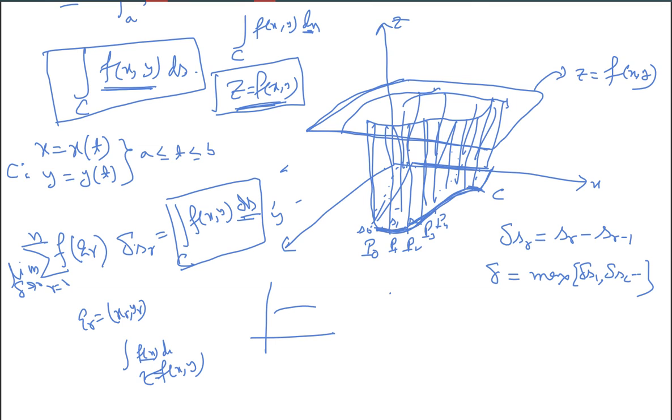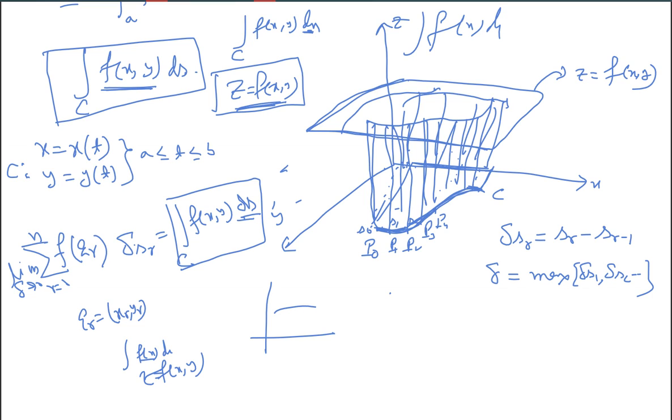Simply if I write the integration of f of x dx, in that case f of x will be some curve here, and we are integrating this. But here we are integrating over the surface. When we have a single variable f of x, the integrand is a single-valued, single variable function f of x.